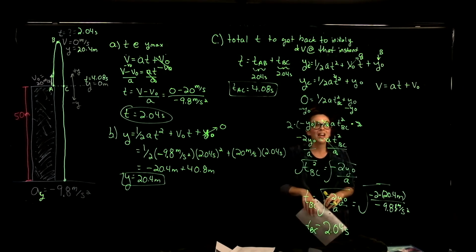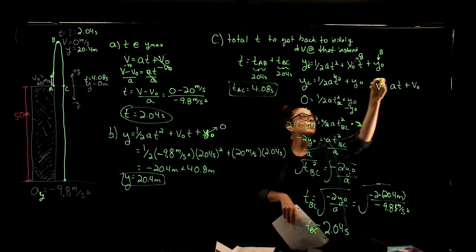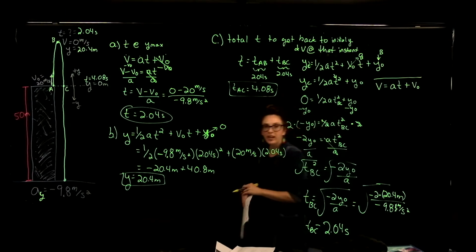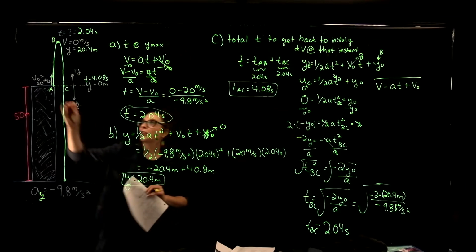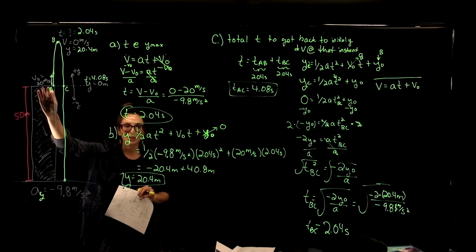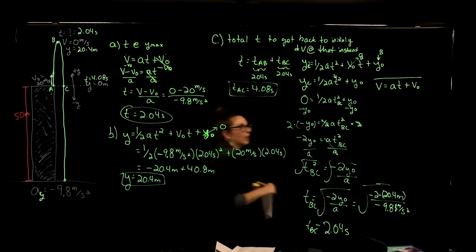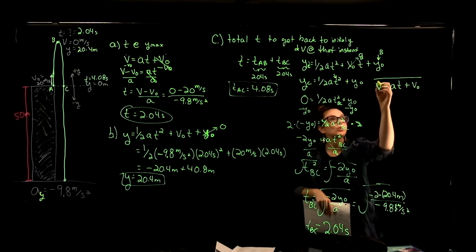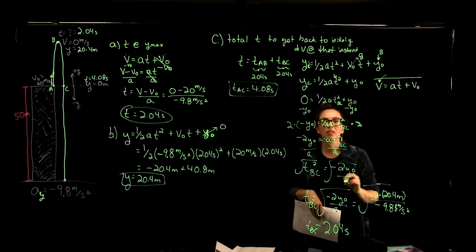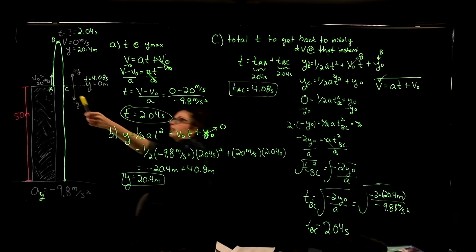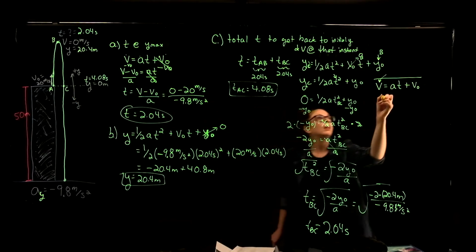And for this, we can start with point A as our initial position and point C as our final position. So we're solving for the final velocity, the velocity when we get to point C.